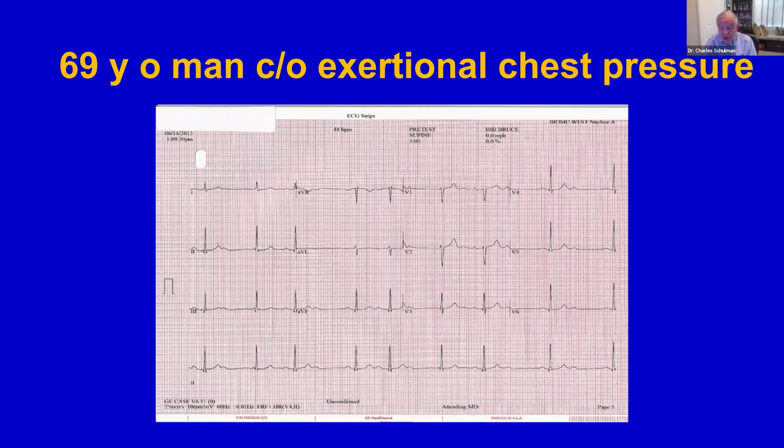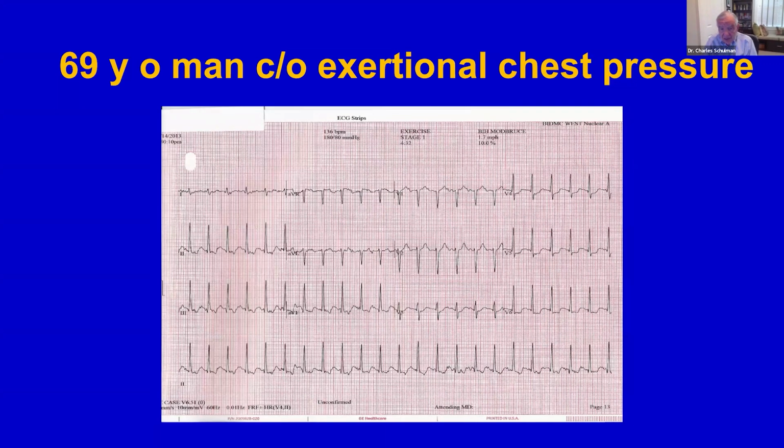When he exercised on the treadmill, conduction improved. You see, right? Here's one-to-one conduction. And then afterward, it went back to where it was before. So Mobitz 2 reacts in the opposite way.